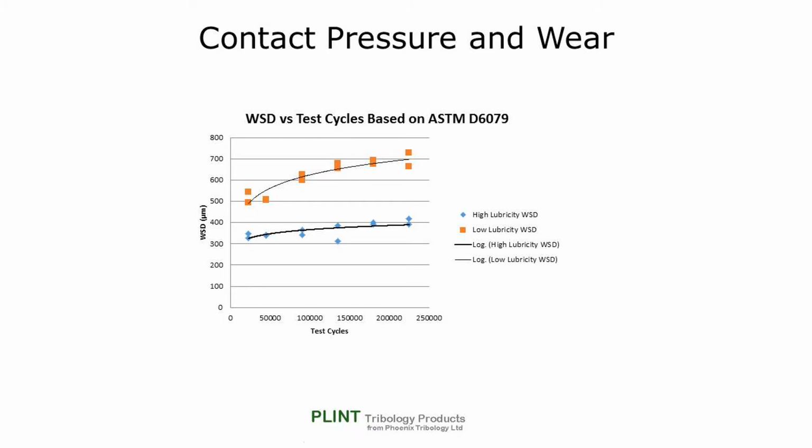Tests were run for 75 minutes each at 5, 10, 20, 30, 40 and 50 Hz, the latter being the standard test frequency. The number of cycles per test was therefore 22,500, 45,000, 90,000, 135,000, 180,000 and 225,000 cycles respectively. 2 repeat tests were performed at each frequency.